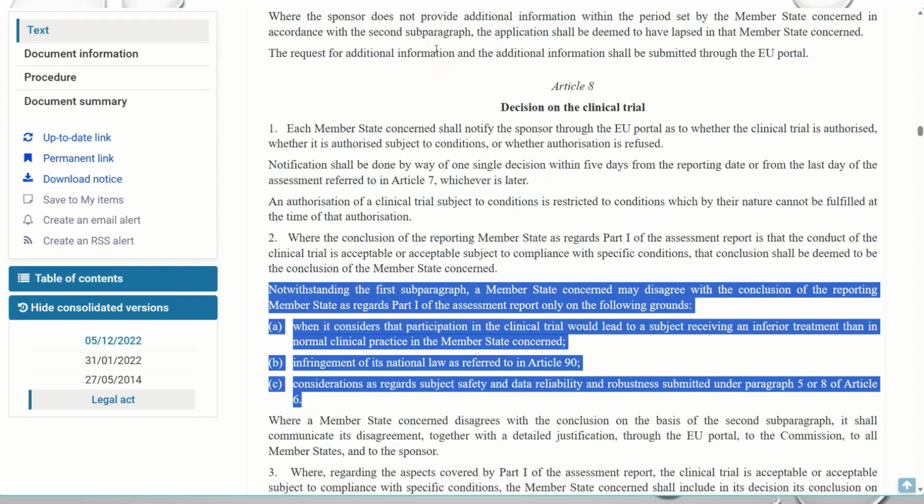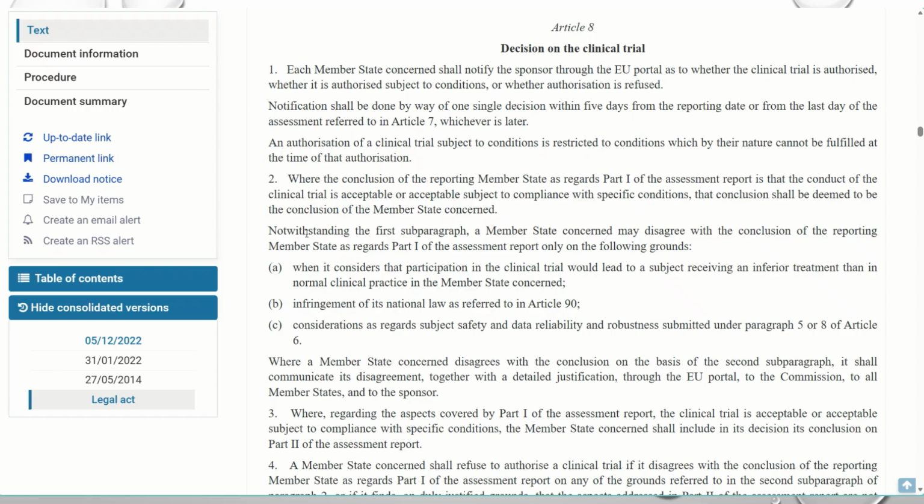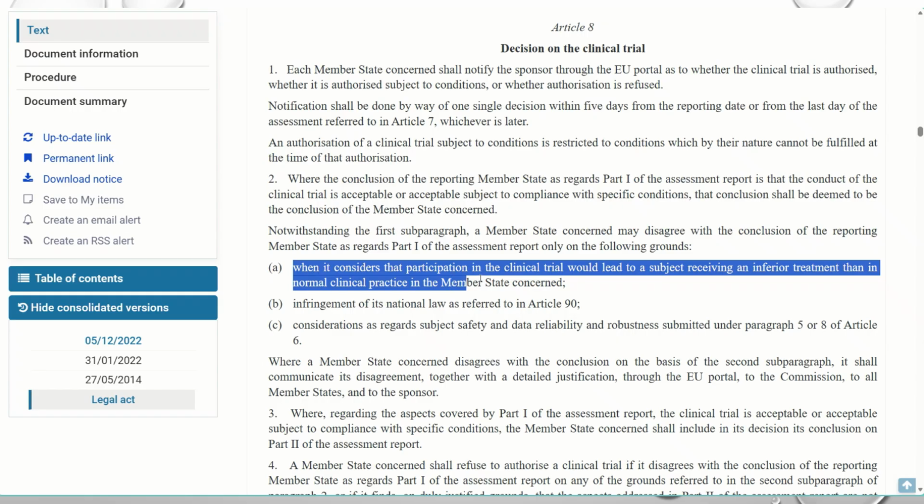This is if you're going to get either approval, or approval with conditions, specific obligations and conditions, or not approval. But if, say, for example, you have a member state that doesn't want to agree to the clinical trial in its territory, these are the grounds. There's only 3 conditions. The first one is if it considers that the subject will be receiving inferior treatment than what's already available in that member state for normal clinical practice.